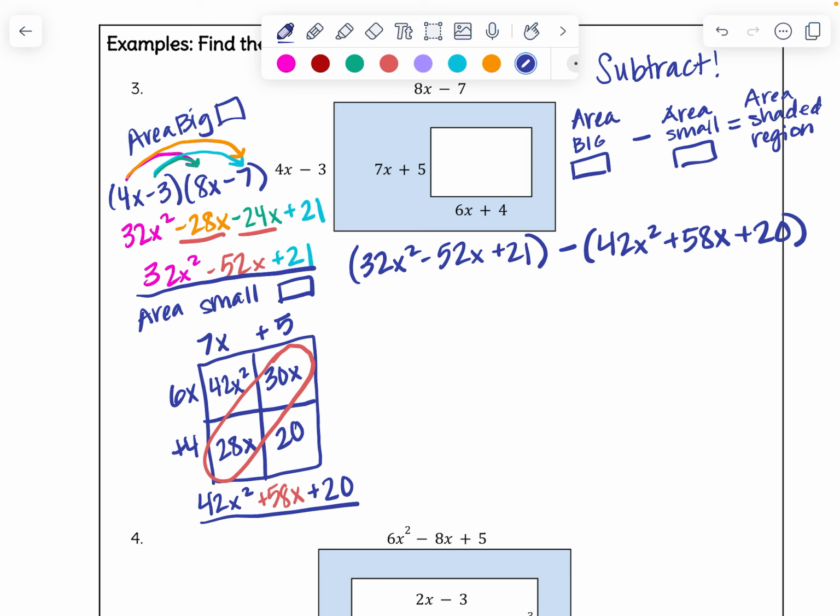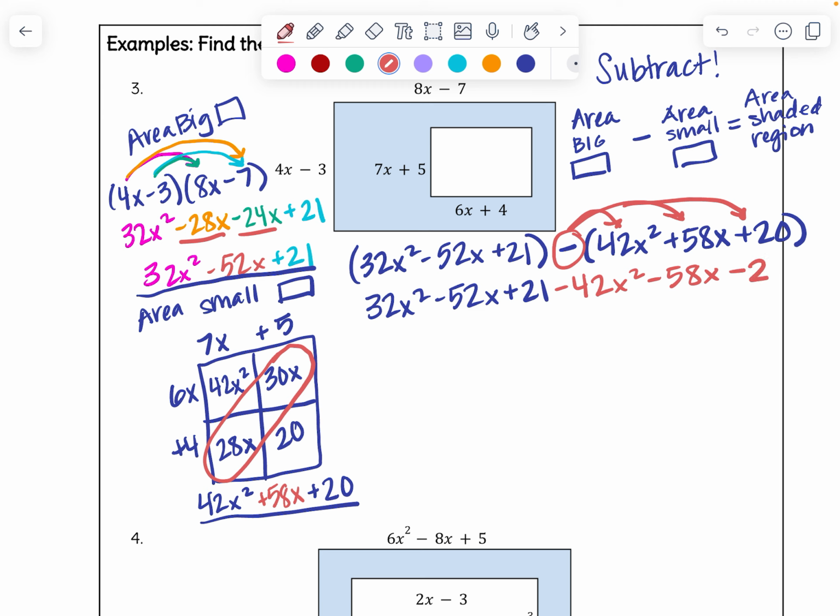So now remember, when you're subtracting, you're going to keep the first polynomial the same. Then you need to change the sign of each term in the second polynomial. So I'm going to make this minus 42x squared minus 58x minus 20.